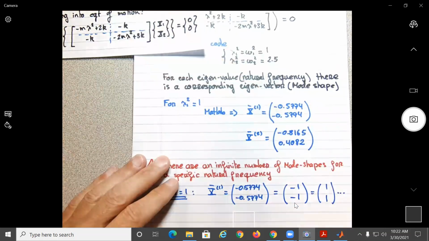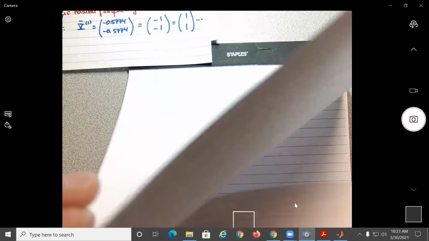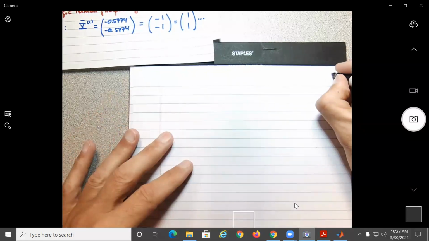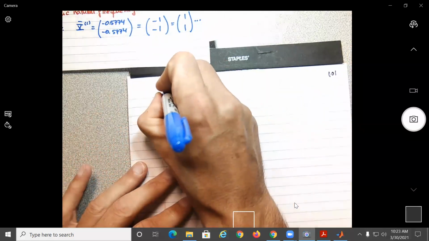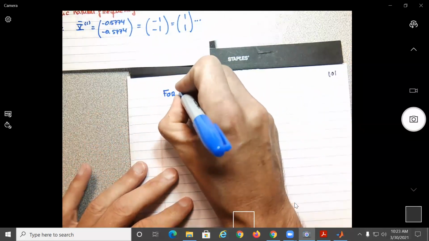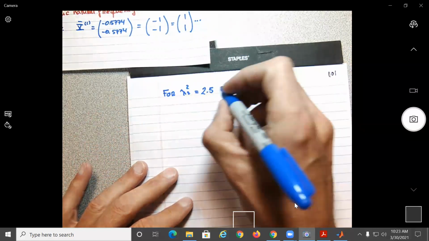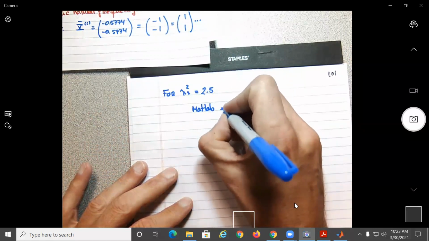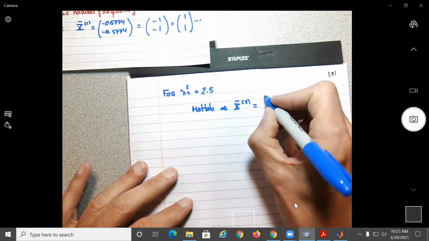And now we're going to do the same thing for the second eigenvector. So for lambda 2 squared equal to 2.5, what is MATLAB giving us?